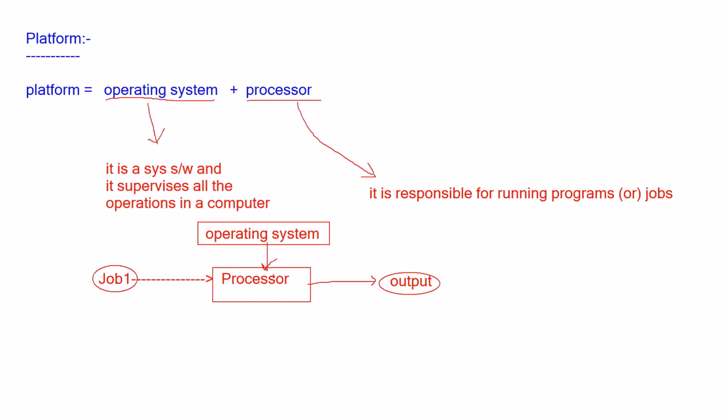The processor gets instructions from the operating system on how it should run this particular job. Not only job one, there will be many types of jobs: job two, job three. Job in the sense you can think of as task one, task two, task three, task four, task five. These tasks are going to be executed by the processor, and for that it needs to get the instructions from the operating system.